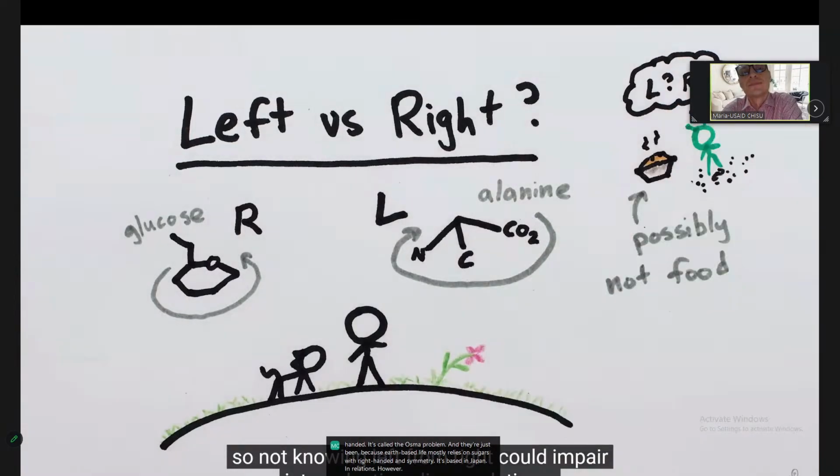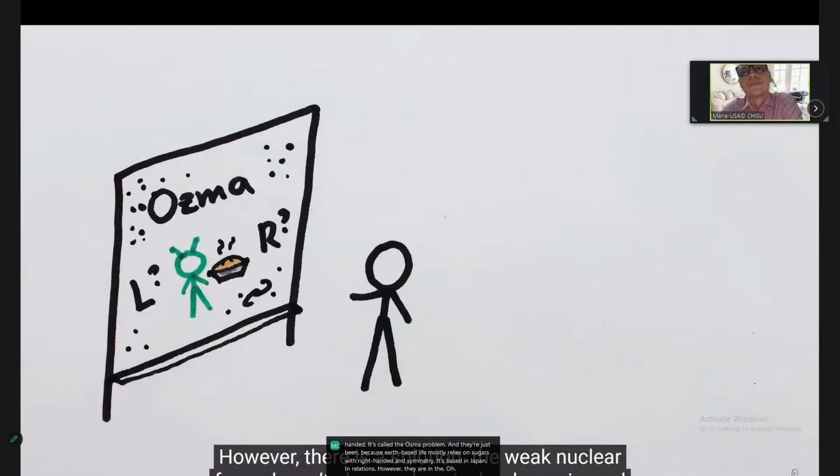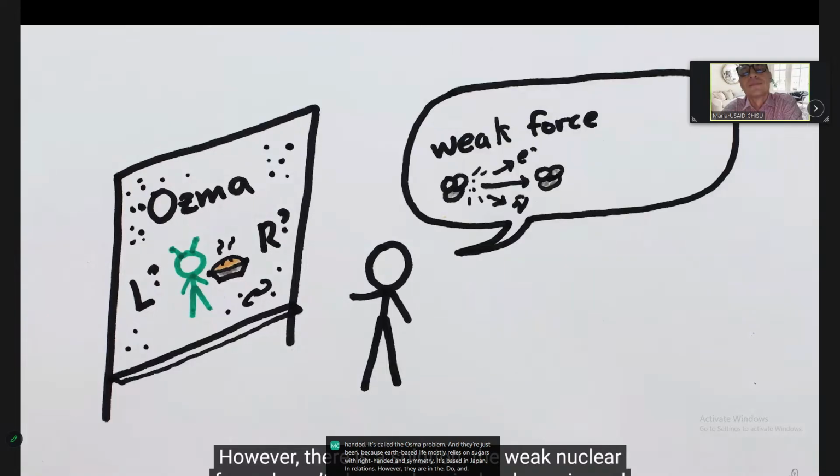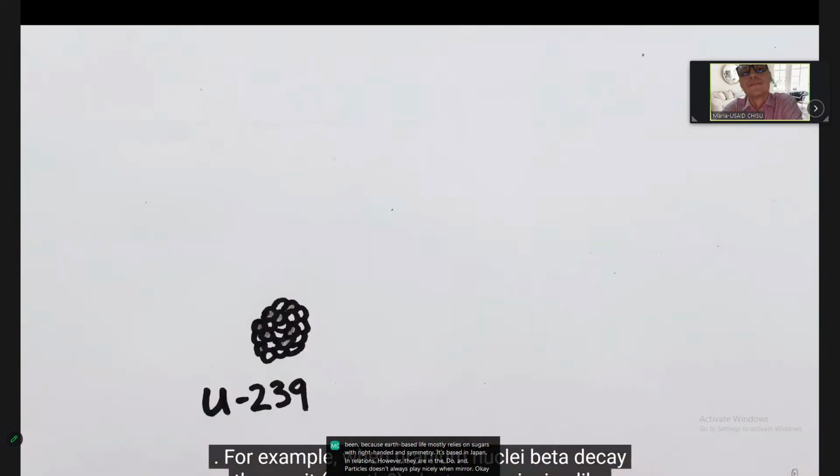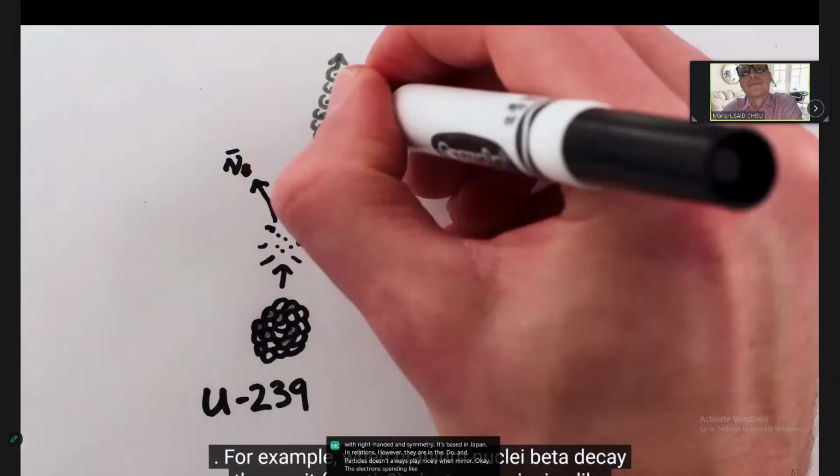However, the weak influence on particles doesn't always play nicely with the electrons spinning like left-handed corkscrews.